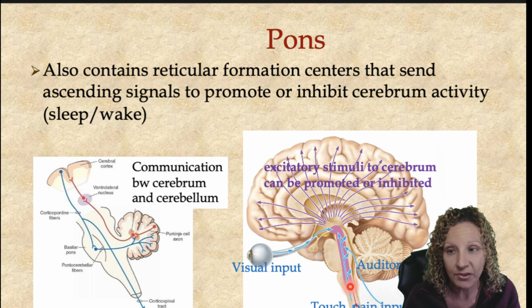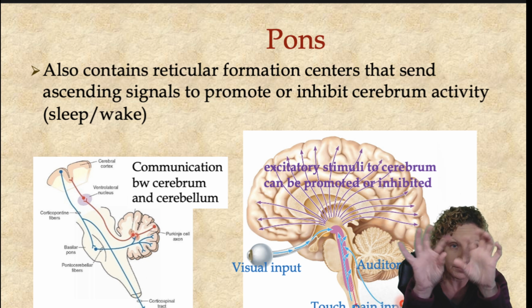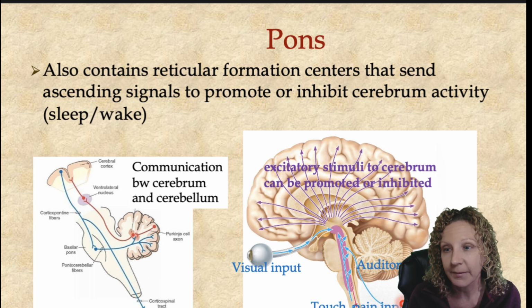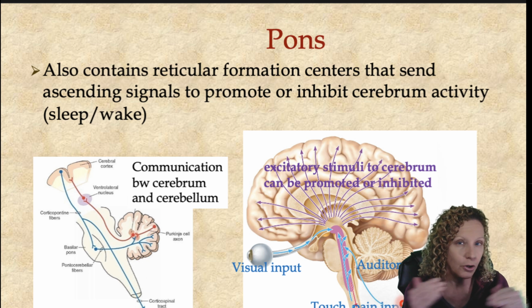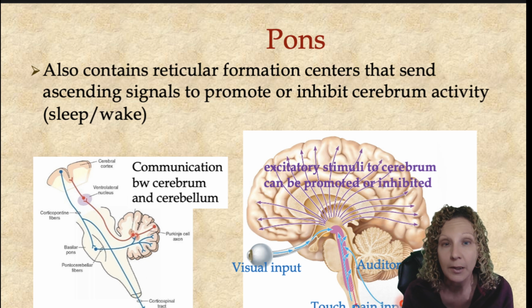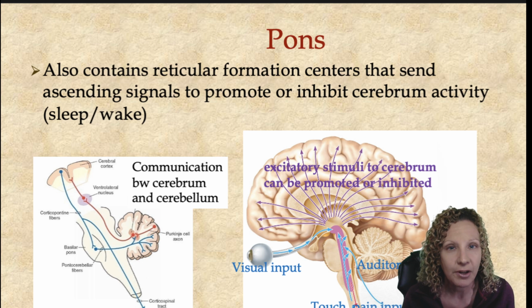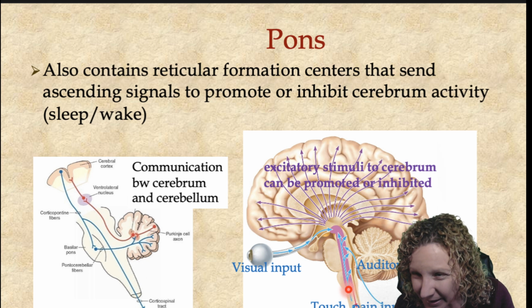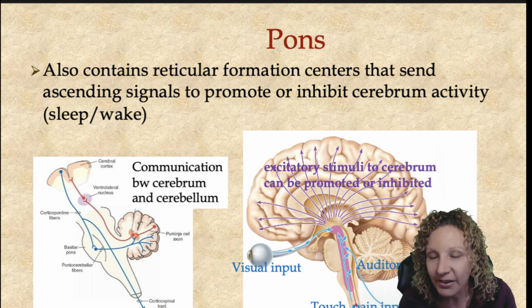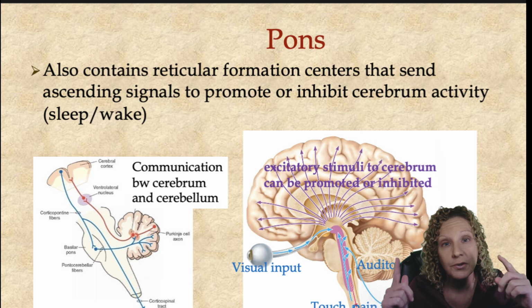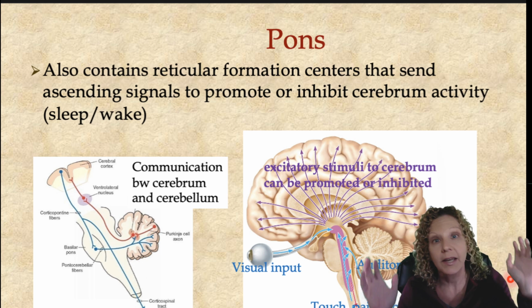The pons just above that, when we look at it in the sheep brain, is this little bulby, stick-outy spot, pretty obvious. There's a lot of crossover, but it's tracts communicating with the nearby cerebellum, and that's why it swells out there. And then there are also areas of the reticular formation. Reticular formation is not just in the pons, it's all along this area, but that sends signals to the cerebrum, just general excitability.